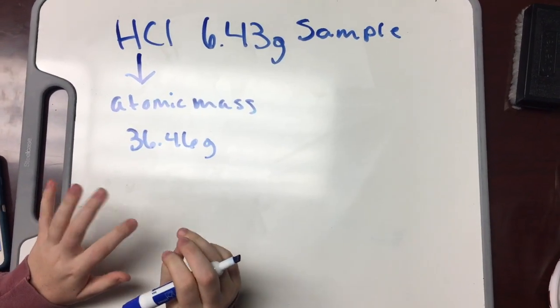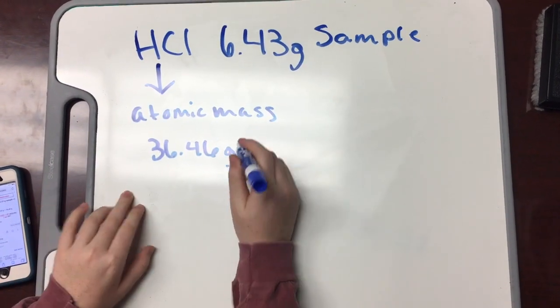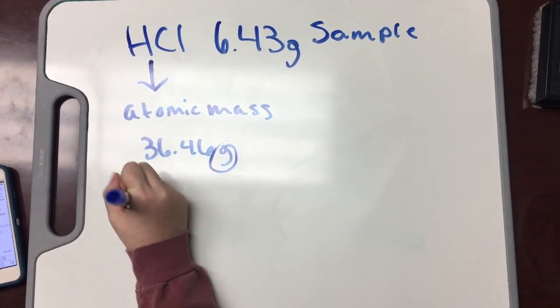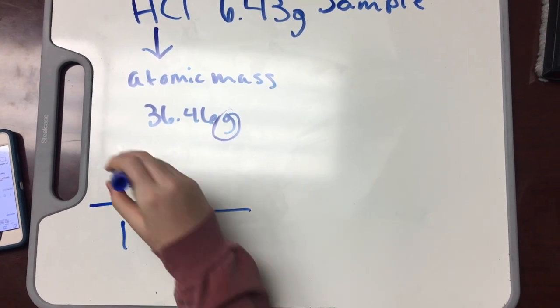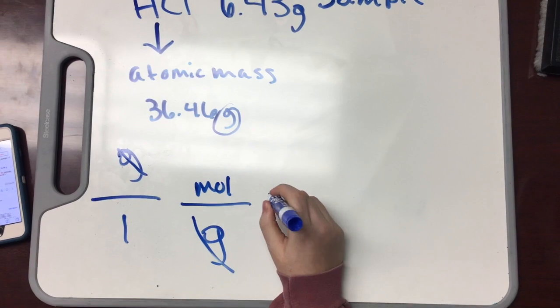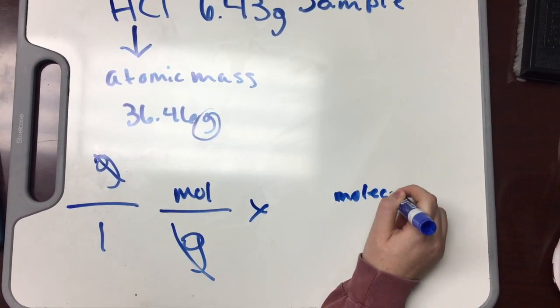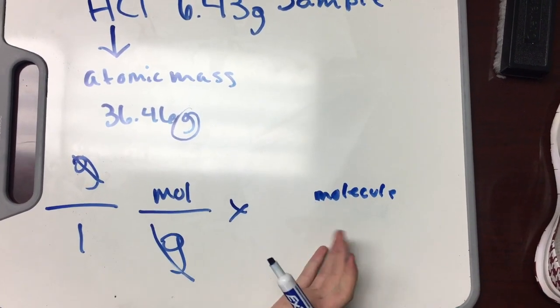And then you need to take this and plug it into the formula. And remember, it's important that you put a gram right here, a gram over 1 and another gram right here, so they cross out. Then you're gonna put a mole right here, and you're gonna multiply it again, and you're gonna put a molecule, because this one you don't want to cross out with any of them because that's a part of your answer.